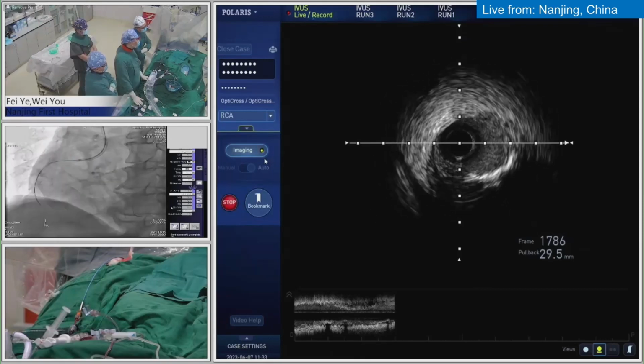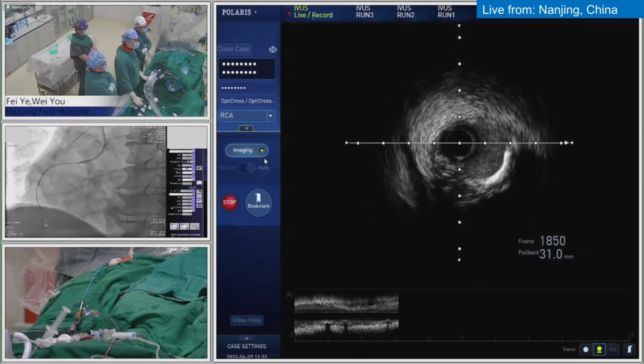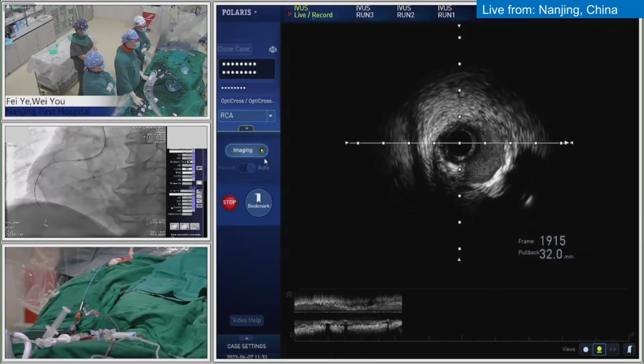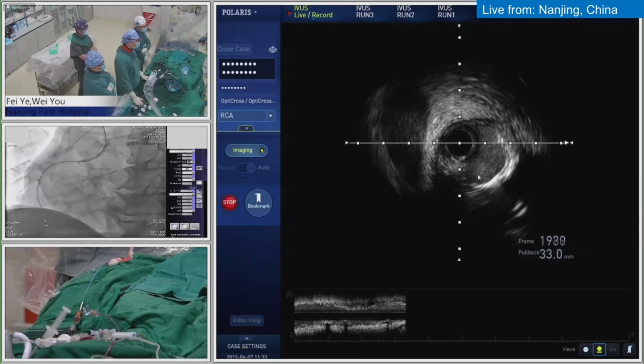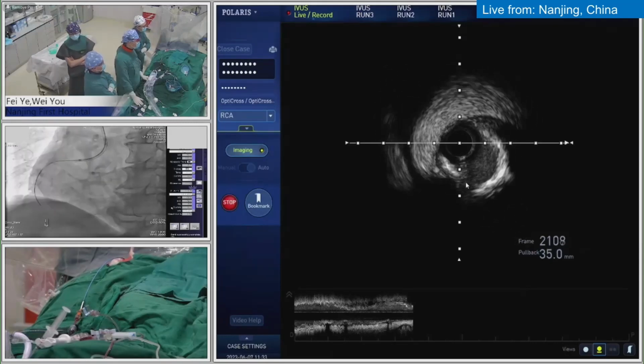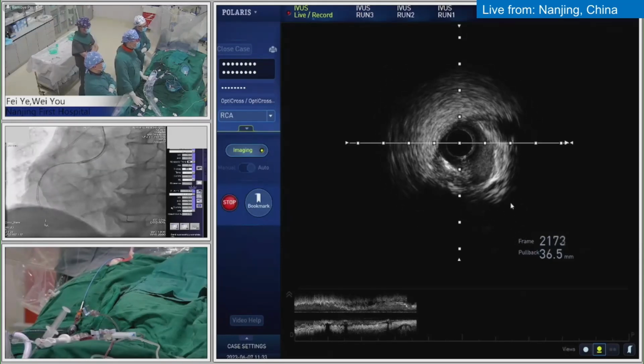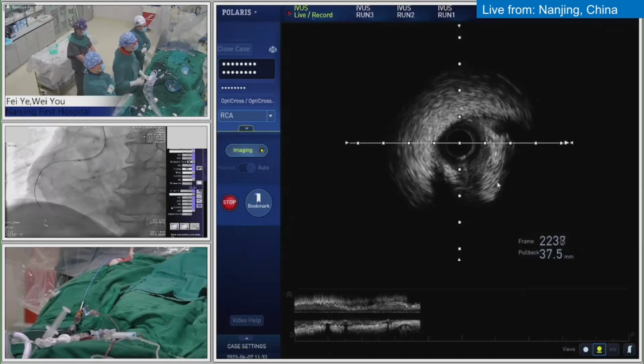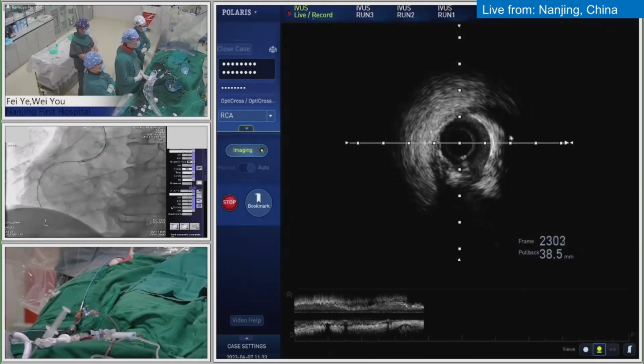Here comes the calcified plaque. You can see the crack. One crack. Yeah, very clear. We should pay attention to the ring shape calcification. Here is medial dissection.